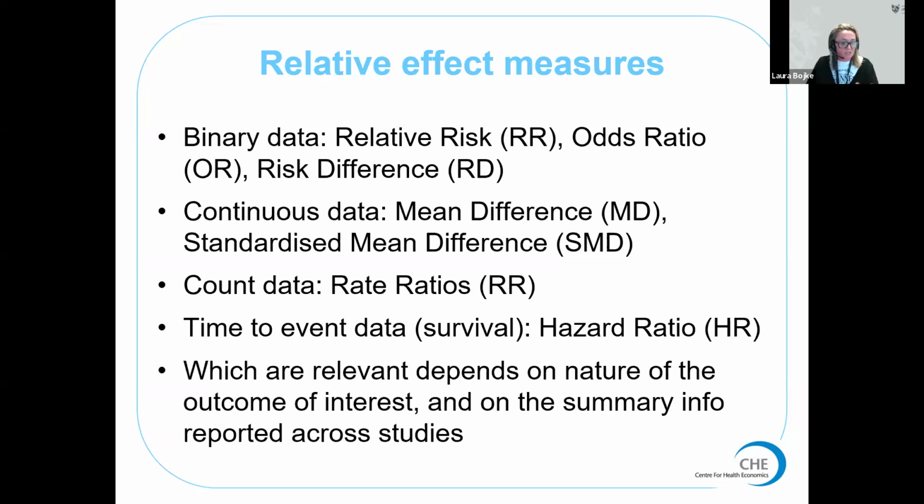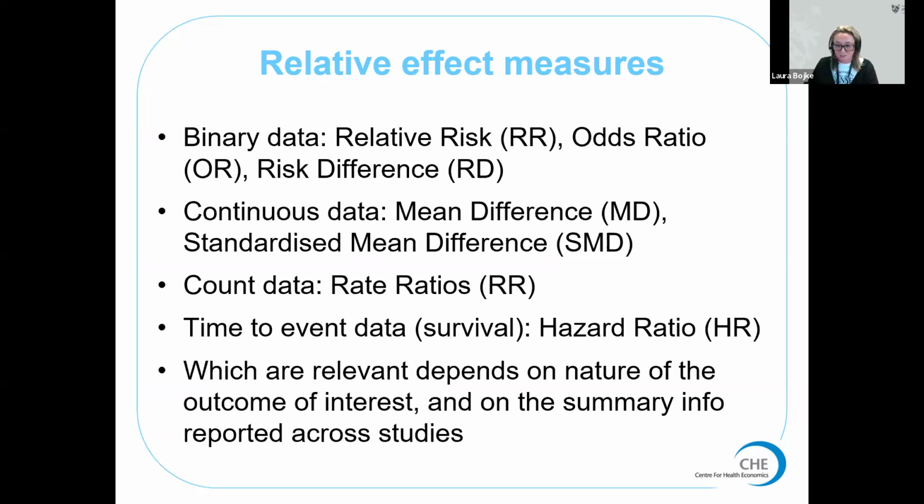There are two alternatives that don't neatly fit into continuous or binary data. One being rate ratios, and these are very closely related to risk ratios, but they're computed as the ratio of the incidence rate in an exposed group divided by the incidence rate in the unexposed group. And then typically for things like time to event data, we would compute something called a hazard ratio.